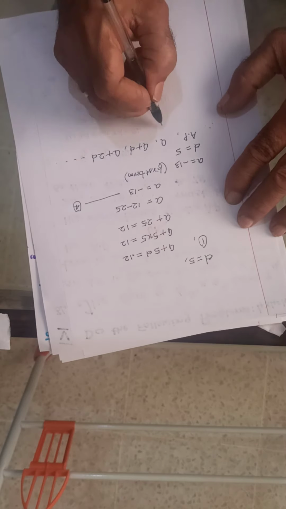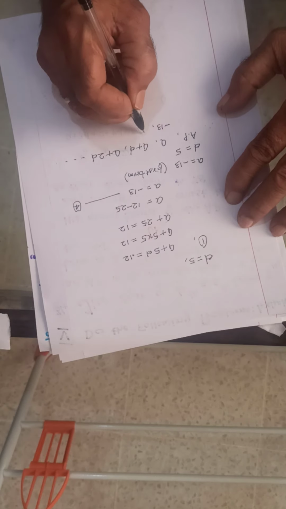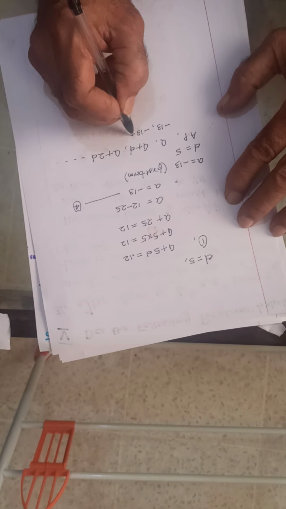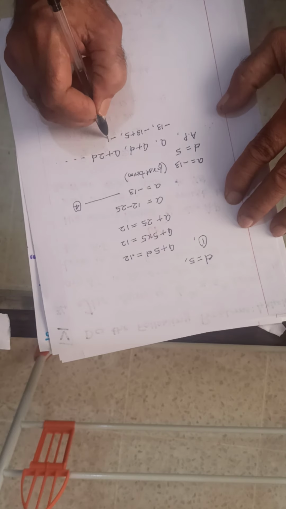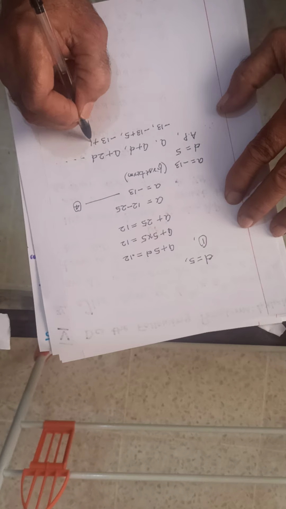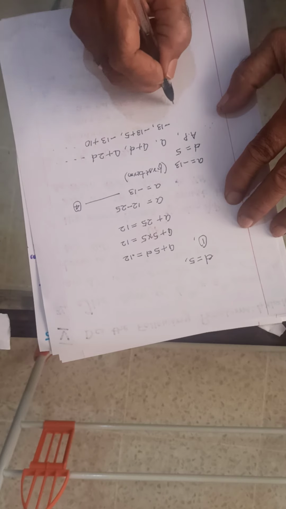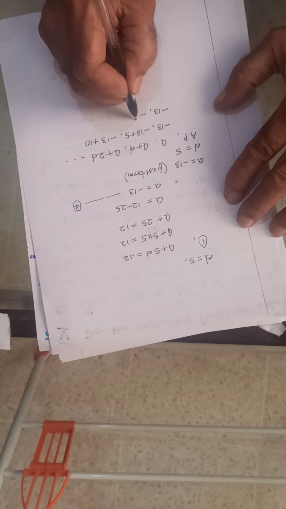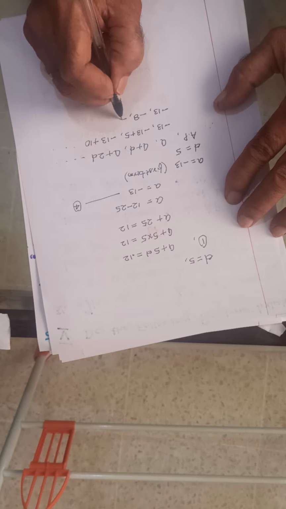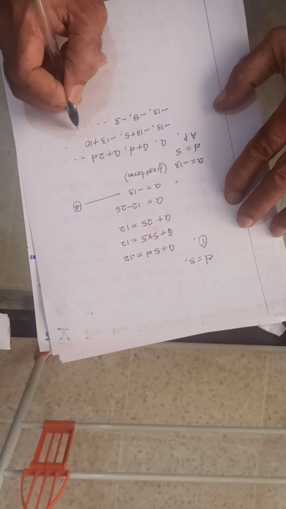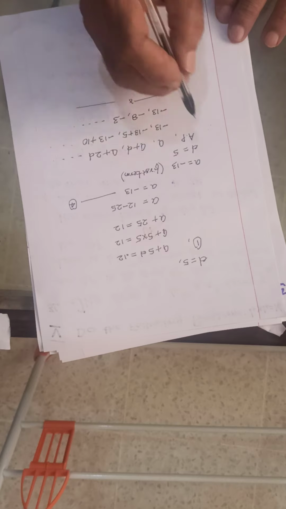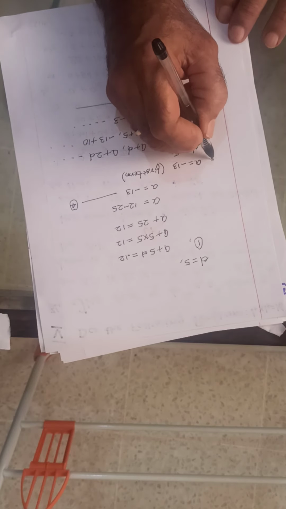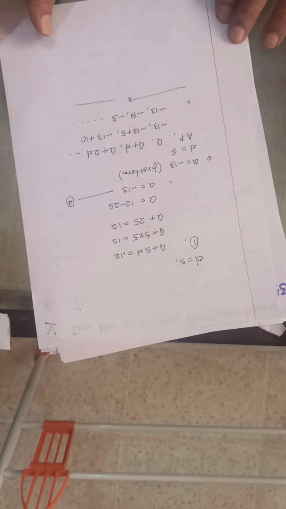You can write 3 terms: minus 13, comma, minus 13 plus 5, minus 13 plus 2 into 5 means 10, and so on. This is equal to minus 13, minus 13 plus 5 means minus 8, then minus 3, and so on. This is the AP, you can verify it and you will get the correct answer. This is the answer to the first question, and this is the second question, the AP.